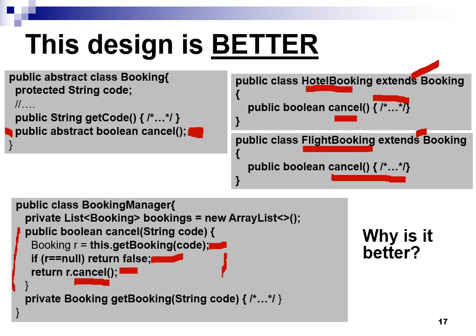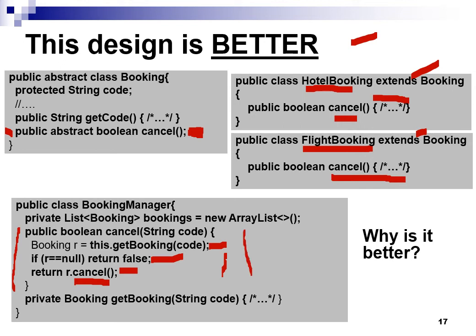One of them is extensibility, right? If I want to add a new kind of booking, then I just add the new class here, and then I need to fill in the cancel method. Each booking knows how to cancel itself. So this code is encapsulated in this class, and is not around any other classes.